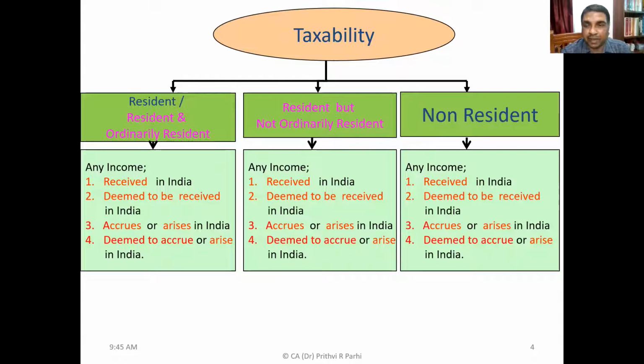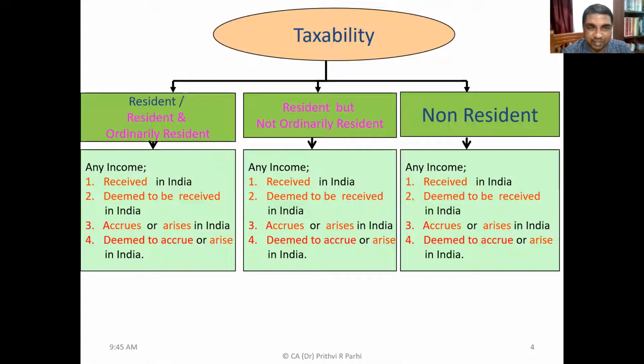Then for deemed to accrue or arise, there is a list of items under section 9, and those incomes we'll be discussing. If this is deemed to accrue or arise in India, that is also taxable. This is what I call Indian income, and it is taxable for all, irrespective of the residential status.